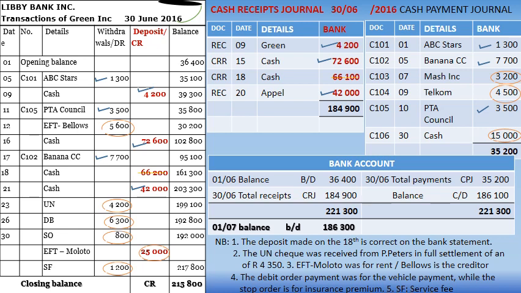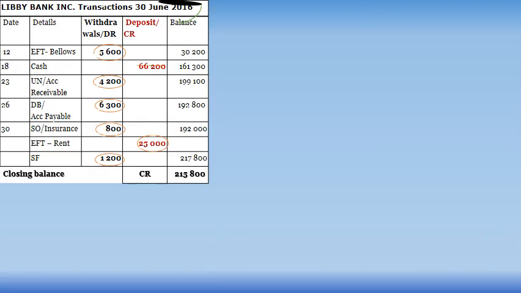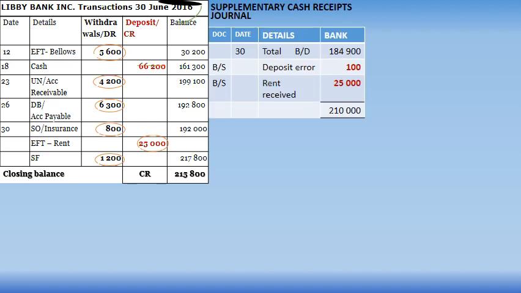The EFT for bills was an account payment from a creditor. After the comparison of entries has been completed, the preparation of supplementary subsidiary journals will follow. Note that the bank statement will be used as a source document in the journals. Starting with the supplementary cash receipt journal.